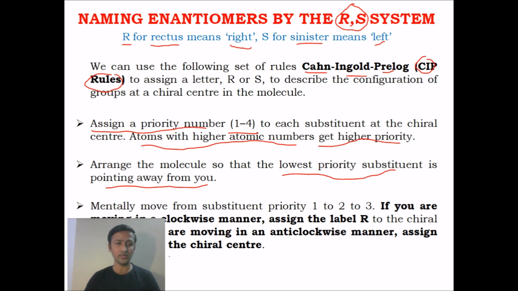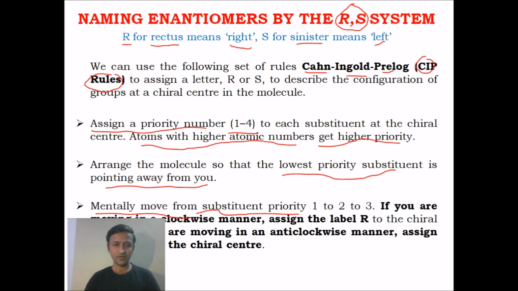Now the third rule. Once you arrange the molecule and assign the priority numbers, the next step is to mentally move from substituent priority 1 to 2, 2 to 3.